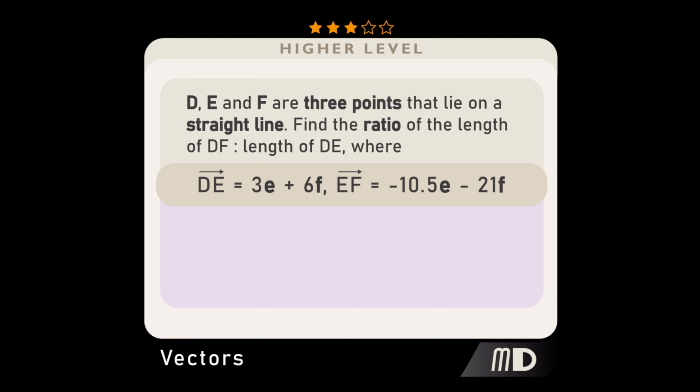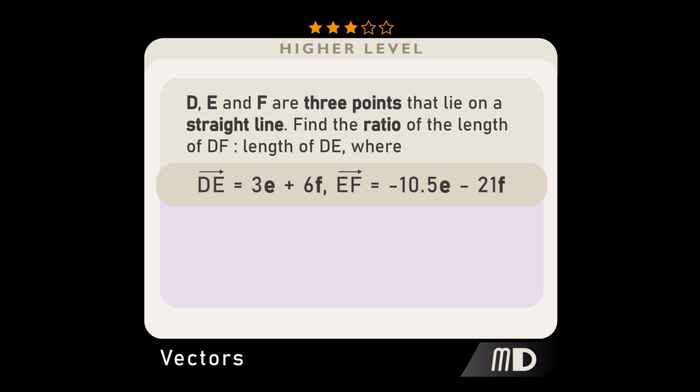We've been given vector DE and vector EF, and told that the points D, E, and F are collinear. The vector DF is the sum of both vectors.